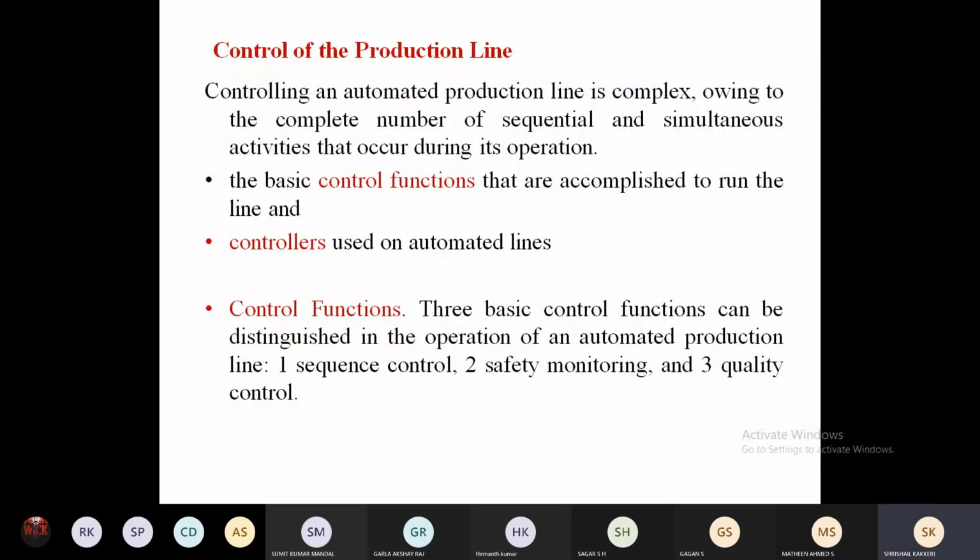The control of the production line is the control method adapted to control the production of the systems. Here the production or processing of the material happens at each and every workstation. These workstations are integrated by means of different conveyors, and on these conveyors there will be different work part holding attachments, and a number of sensors provided in between.